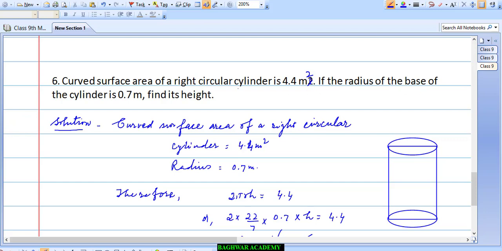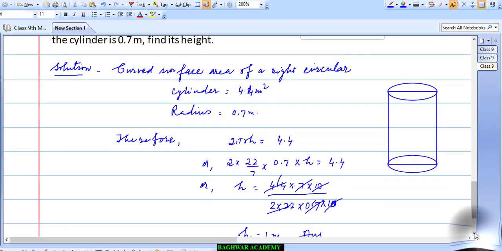If the radius of the base of the cylinder is 0.7 meter, suppose this is your cylinder, and here it has been given your radius. So radius R is equal to 0.7 meter. This has been given, and curved surface area has been given.